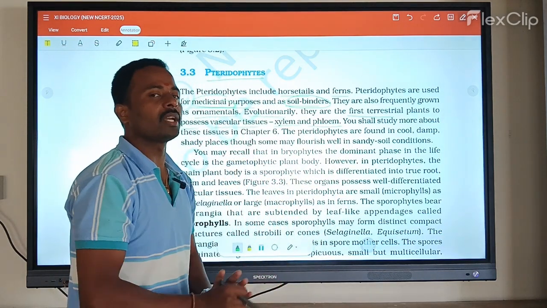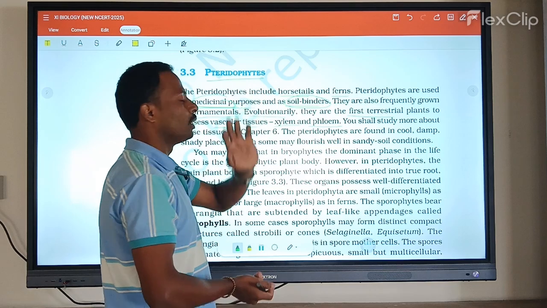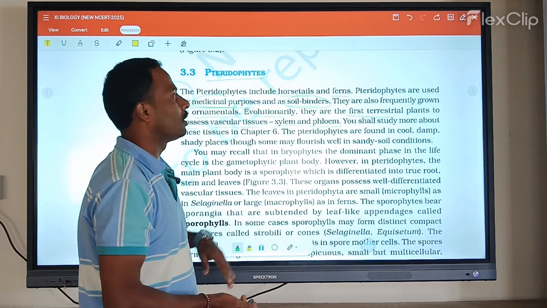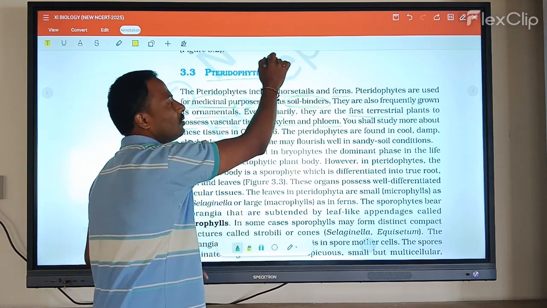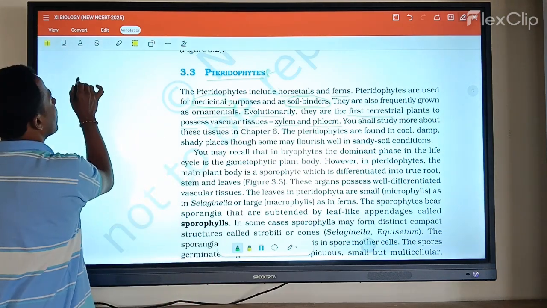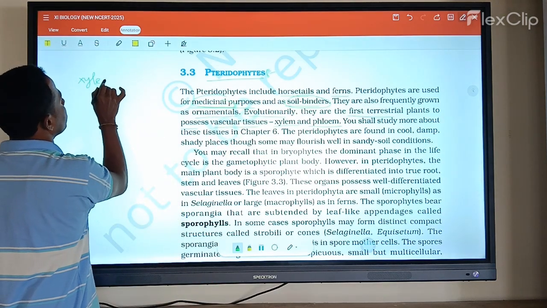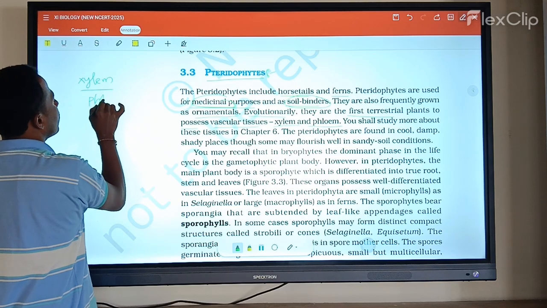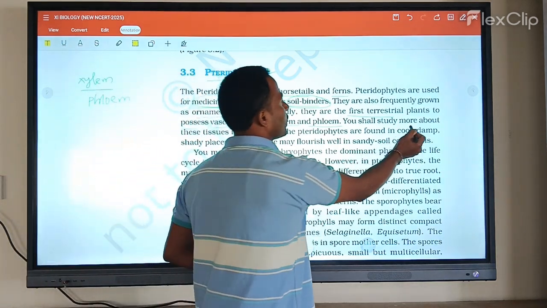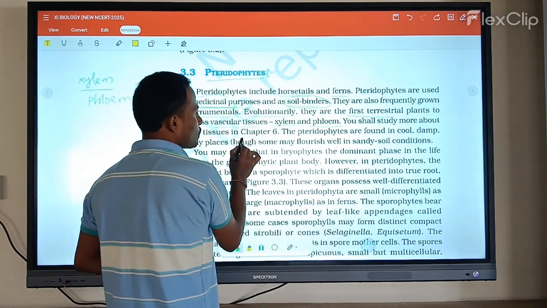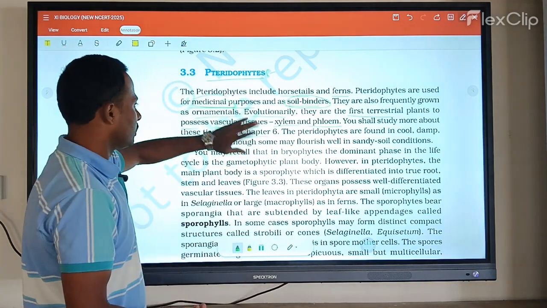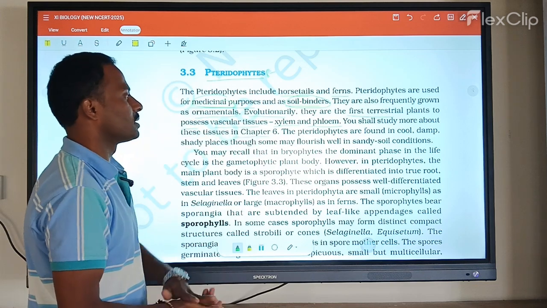So the first terrestrial vascular plants are called pteridophytes, because in these pteridophytes xylem and then phloem first developed. You will study more about these tissues in the next chapter, chapter 6.